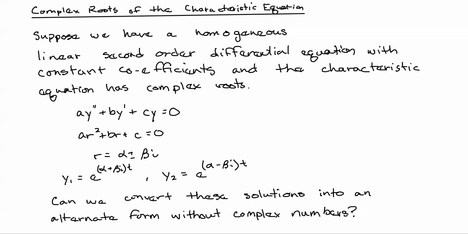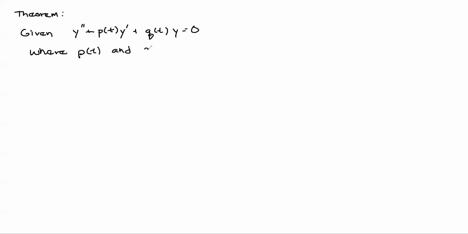All right, so to do that, what we're going to start off by doing is proving a theorem. All right, so given y double prime plus p of t y prime plus q of t y equals 0, where p of t and q of t are both real valued functions. So not complex, no complex numbers here.